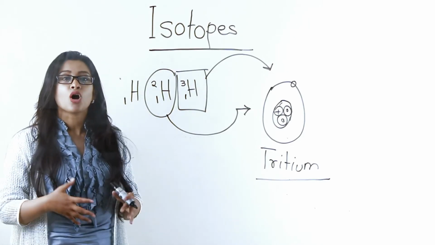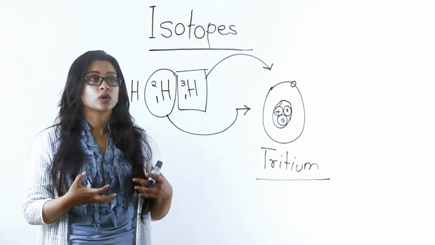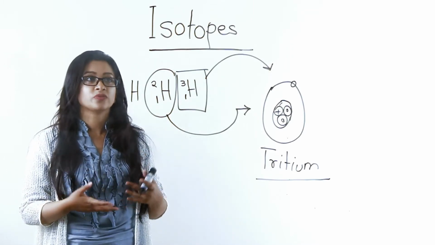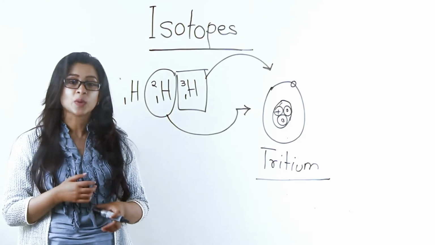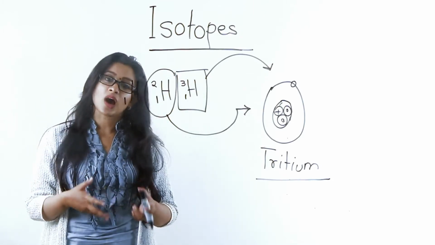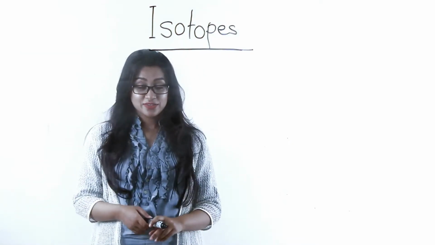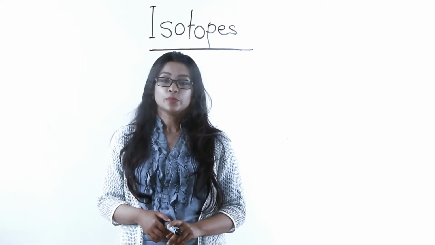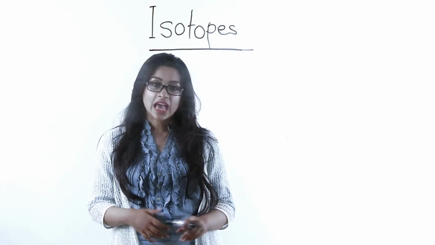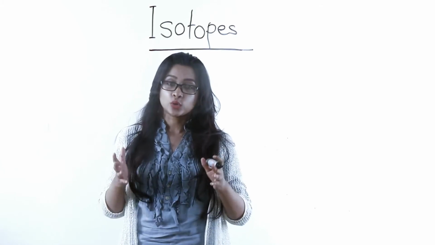Another example of isotope, a very marvelous example of isotope, is chlorine. Let me show you how it's marvelous. So, if you search chlorine in the periodic table, you will come to group 7 and you will find chlorine which looks like this.